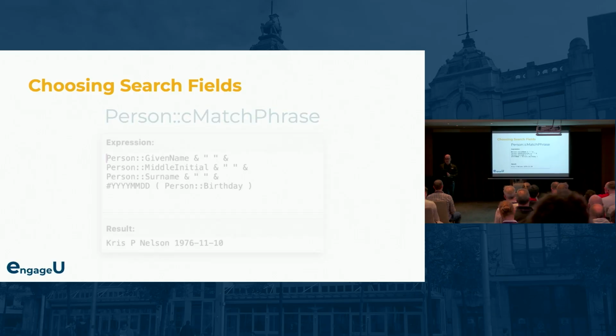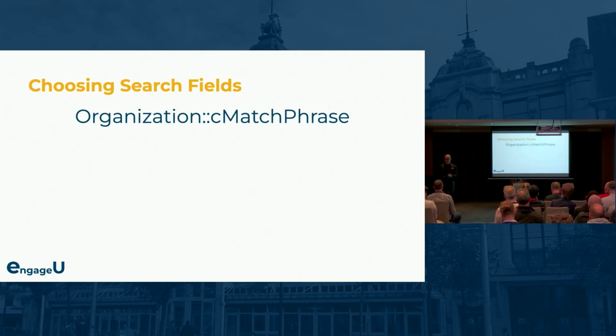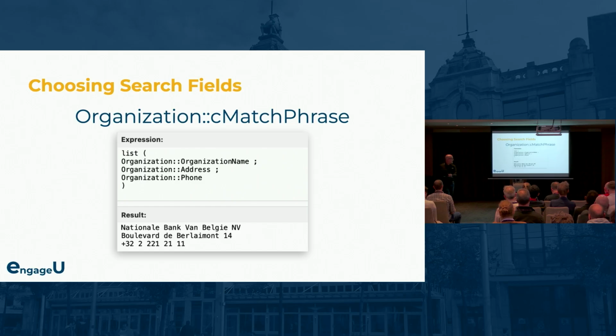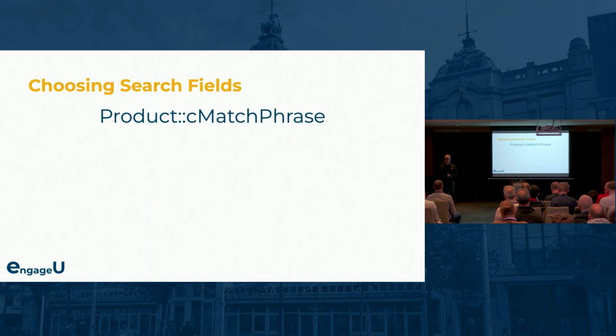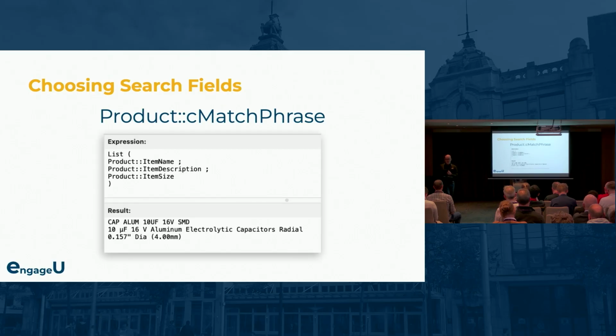If you're searching for an organization, you might use organization name, address, and phone number. For a product in a catalog, you might use item name, item description, and size. So what you're doing is choosing good identifiers that might vary slightly and throw you off the trail when you're trying to find that.